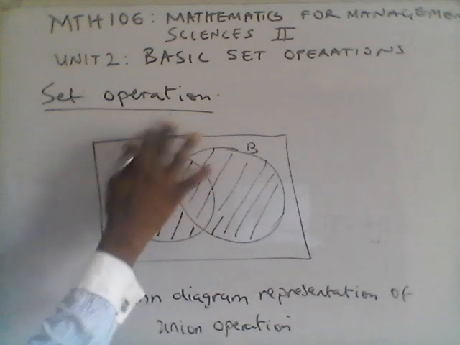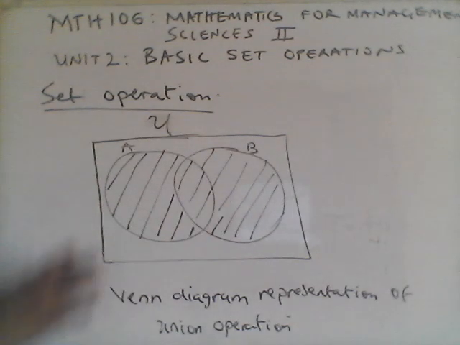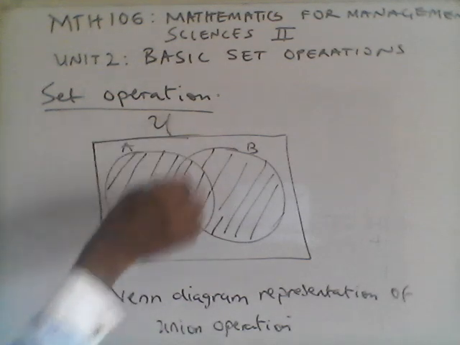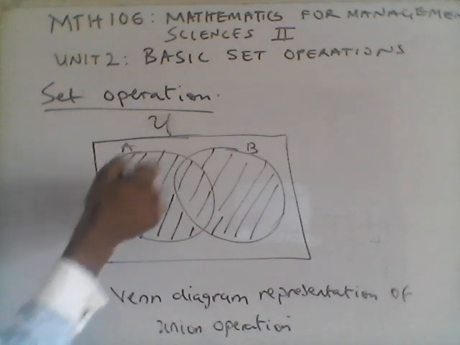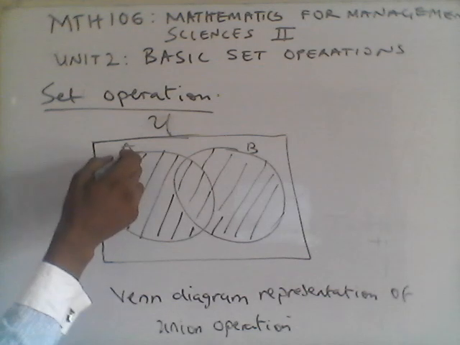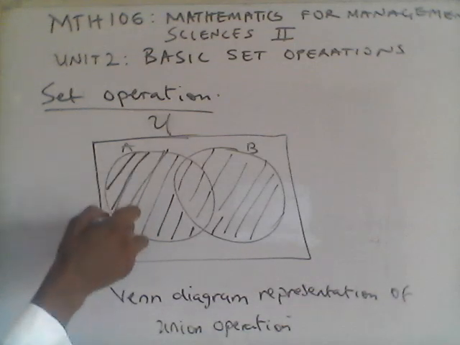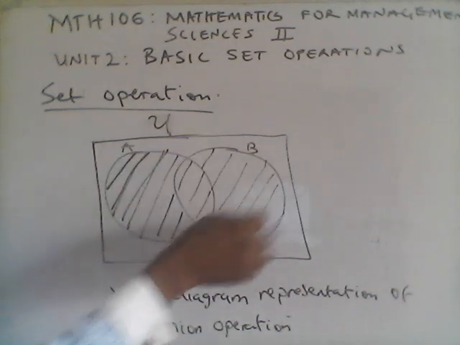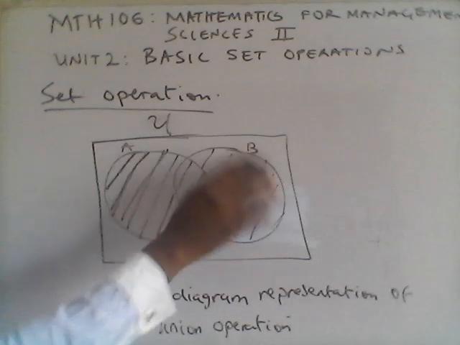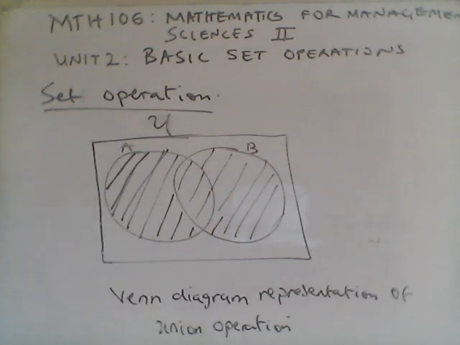And this universal set has two sets, A and B. So the union is every area that is shaded. So you are shading both A and B. The union is actually every area shaded. Anything that is not shaded is not in the union. So this is the Venn diagram representation of the union of sets.